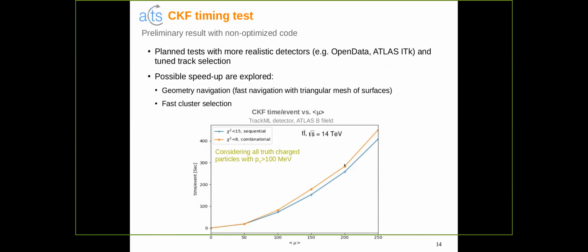I think, for example, for the pileup at 200, probably we can lower it to at least 200 maybe, because this is very preliminary results. I have optimized the CKF a lot in the past 2 days, but this test is still with the older results. So I've not tested with the new code yet, with the optimized container, for example, for the selection of cluster candidates. So yeah, I just need to update the plot.